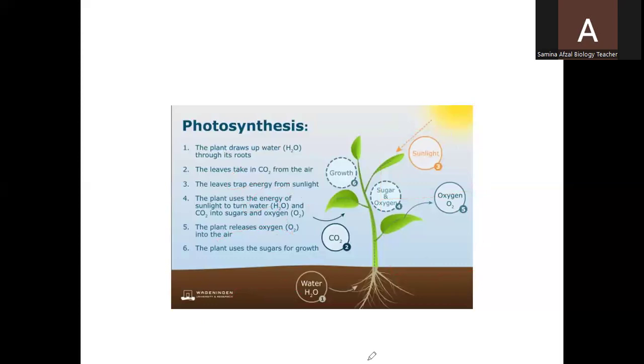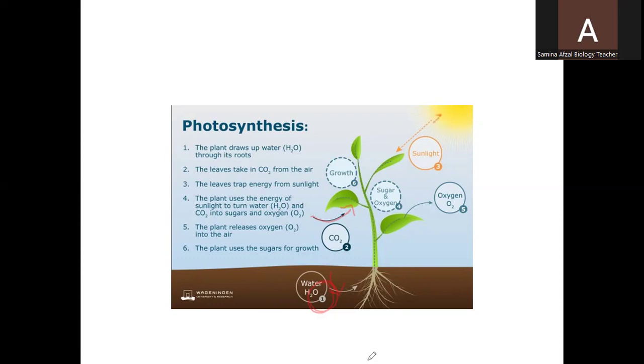In the next slide, we will also discuss all of these which are used in the process of photosynthesis. Number one, water, which is absorbed by the process of osmosis. As you know, in osmosis water moves from higher water potential towards lower water potential, so water enters through root hair cells into the root cells. Then carbon dioxide enters through stomata by the process of diffusion into the green leaves, where photosynthesis takes place.